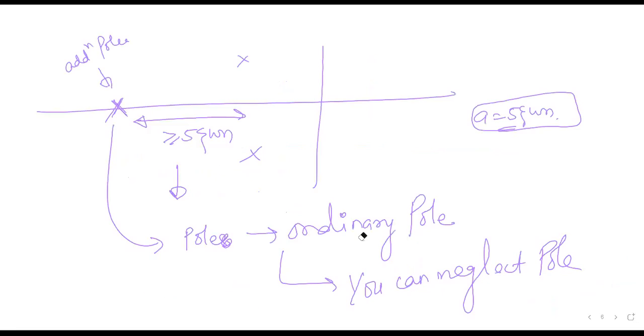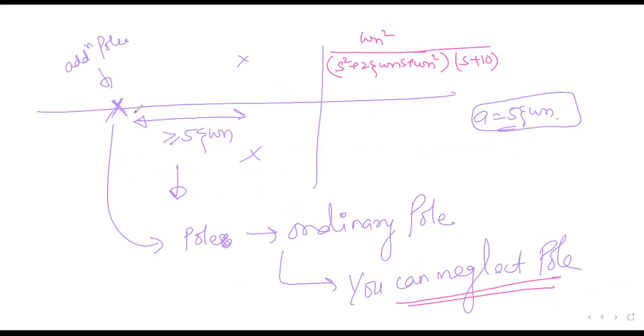What does it mean? Suppose this is your transfer function with omega n square, and you have one more pole, s plus n. Here you can neglect the pole because the distance between them is greater than or equal to 5 zeta omega n. So you can write this as omega n square over s square plus 2 zeta omega n s plus omega n square.